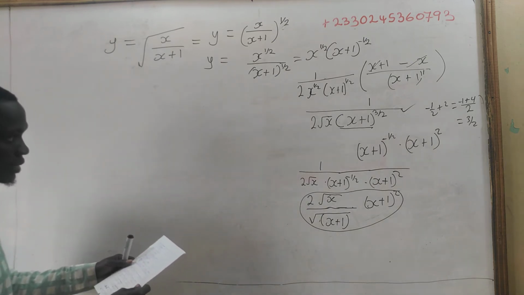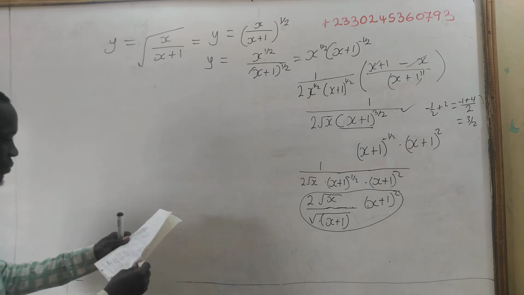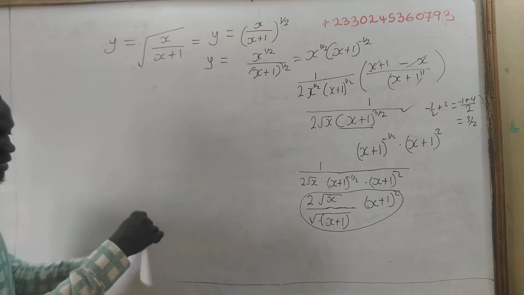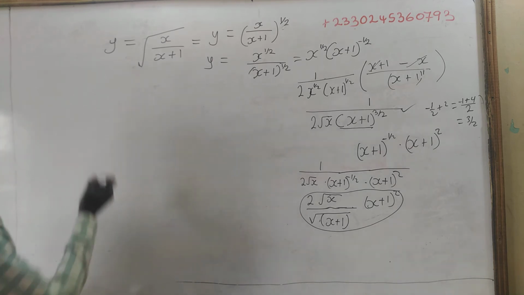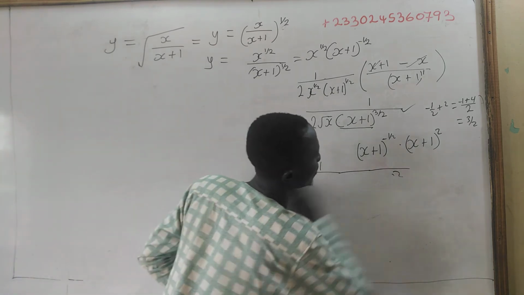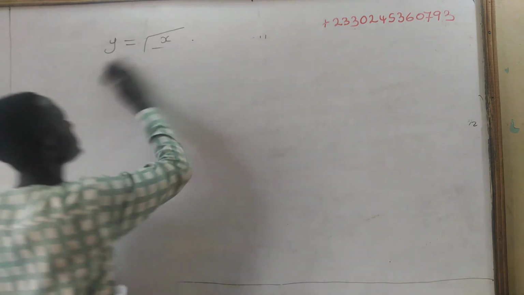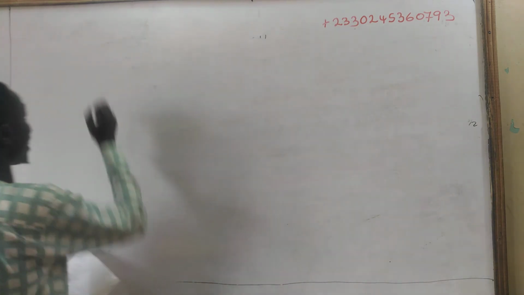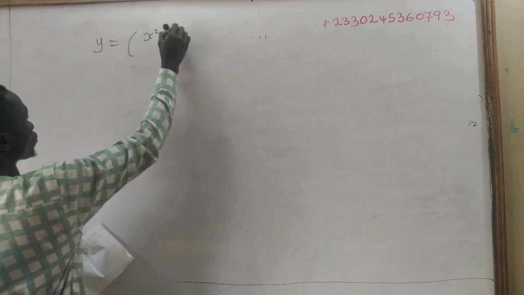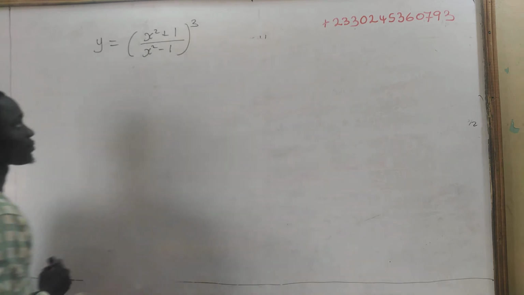This is the last example. The last example is if you have y is equal to x squared plus 1 divided by x squared minus 1 all to the power 3.